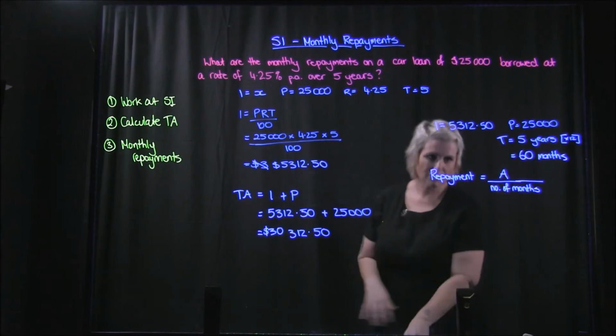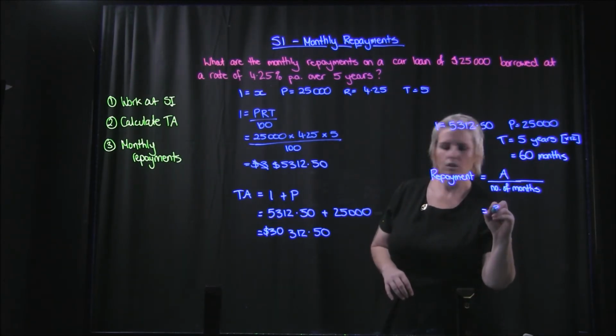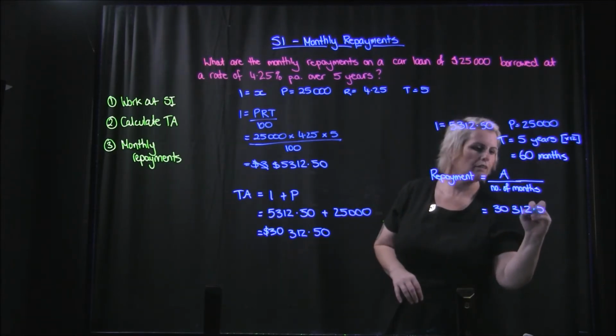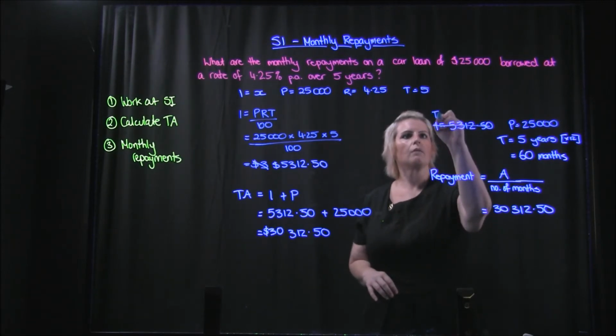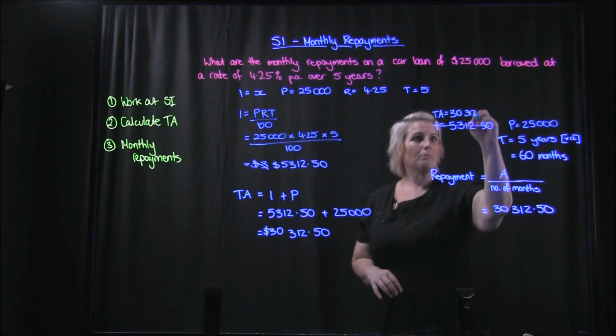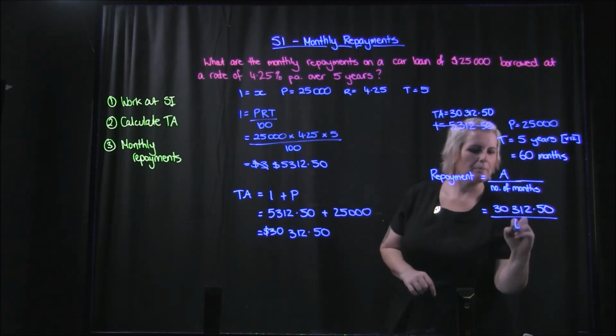So if I just divided, my amount is $30,312.50. So this actually probably should be total amount that I identified. Let's go back and fix that. Okay, and we're going to divide that by 60.